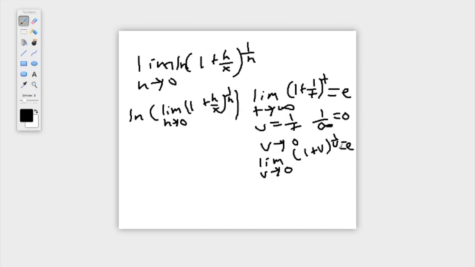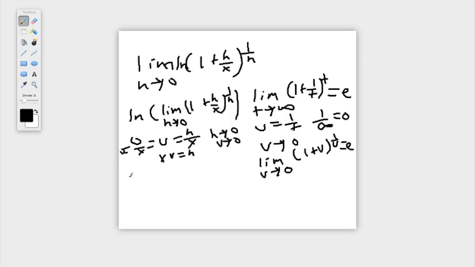So using this definition, let's try to make this and this match. So I'm going to substitute u to be h over x, so x times u equals h. But then as h approaches 0, u would also approach 0 because that's just 0 over x, which is 0.